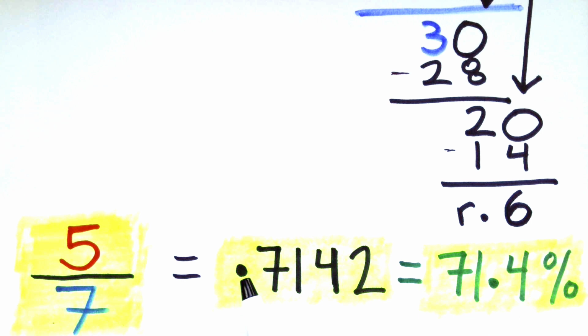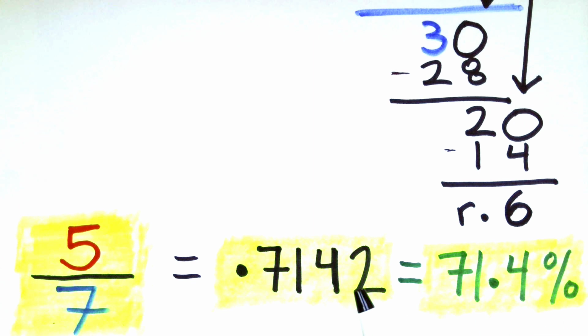If I take this decimal and move it 1, 2 times to the right, I will get 71.4%. Because the number to the right of 4 is smaller than 5, I can just eliminate it here.